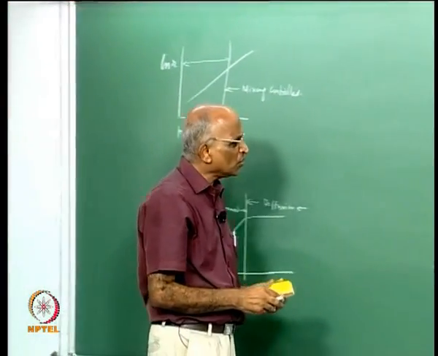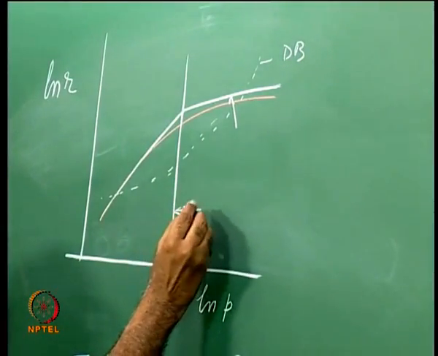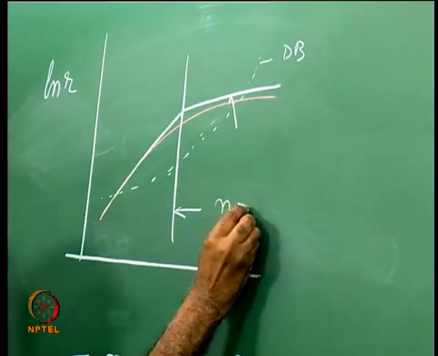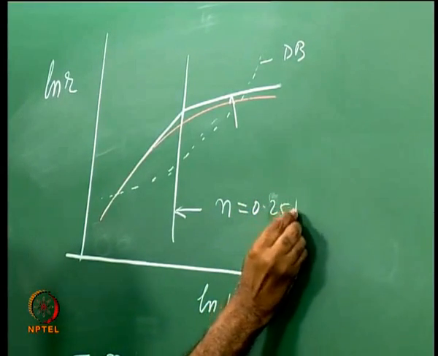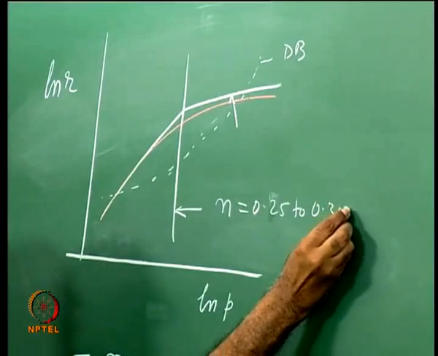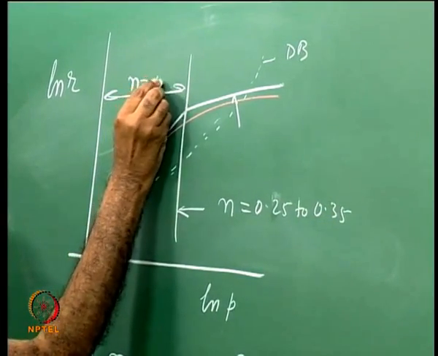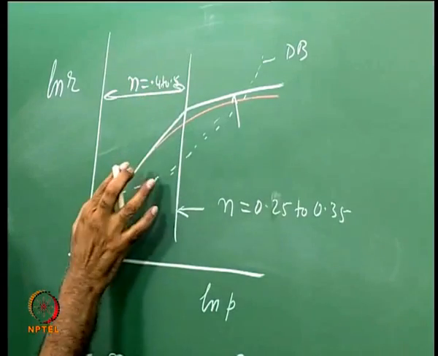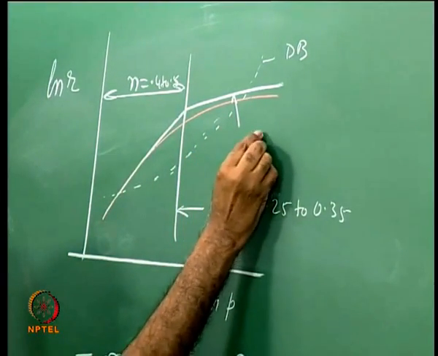But most of the rockets we operate at pressures in excess of this, and therefore we will say that n typically is around 0.25 to 0.35, whereas in this region wherein n is nearer to 0.4 to 0.5 we have premixed combustion, and the region between this is what we operate in, and it is diffusion dominated.